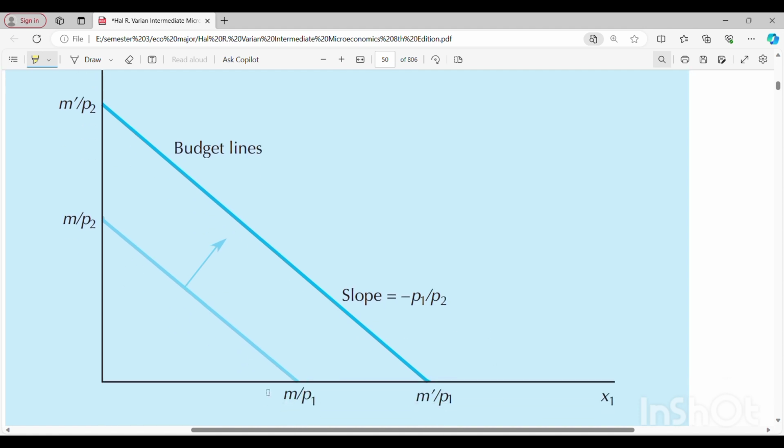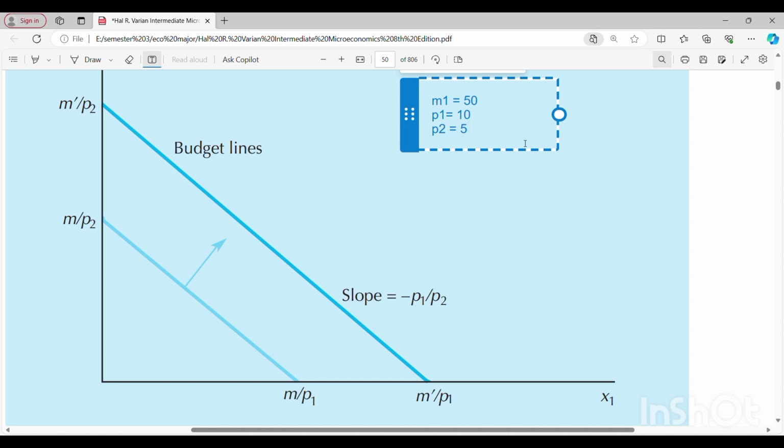So here, at this particular point, M1, the first income, is 50 and the price of good 1 is 10 and the price of good 2 is 5.